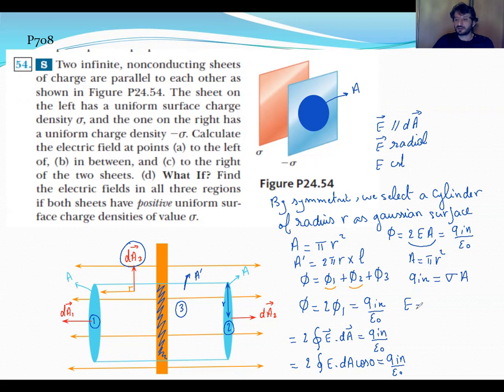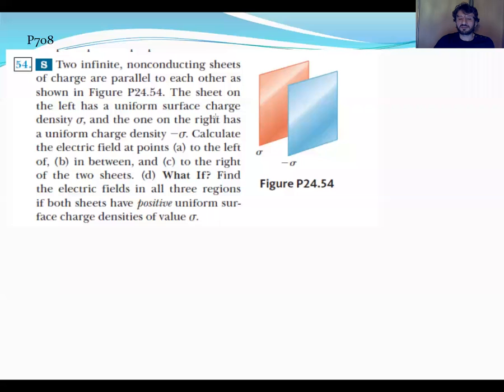E equals Qn over 2 epsilon 0 A, which is sigma A divided by 2 epsilon 0 A. We can cancel A and A. We get finally sigma divided by 2 epsilon 0. This is the field created by only one plate, one sheet.